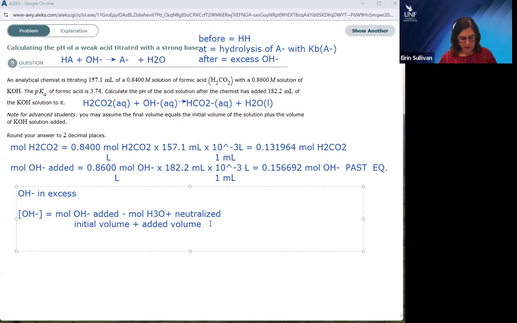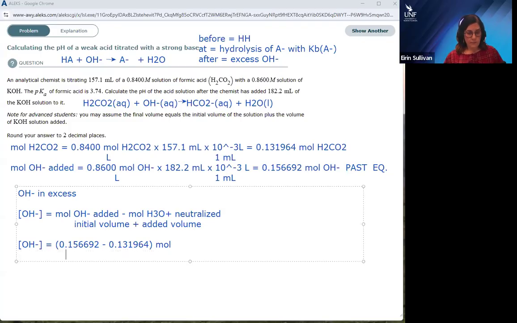All right, so the concentration of hydroxide is going to be, right, there's my number of moles on the top, and then on the bottom, my volume is going to be, let's be thorough, 157.1 milliliters plus the volume added, which was the 182.2 milliliters. So that's moles per milliliter.